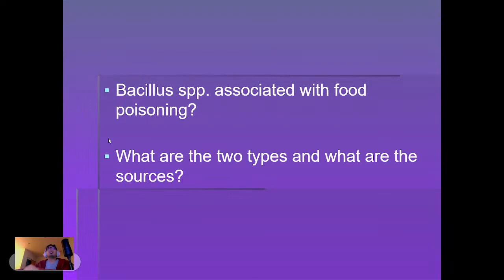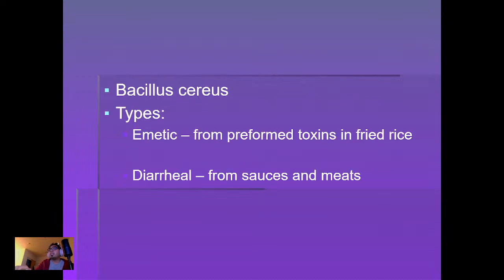Okay? Next, we also have to talk about the Bacillus species that is associated with food poisoning, and that is Bacillus cereus. Bacillus cereus has two types, the emetic type and the diarrheal type. The emetic type is usually because of the preformed toxins in fried rice, hence the term fried rice bacillus. The diarrheal form of this one is mainly from meat and sauces.